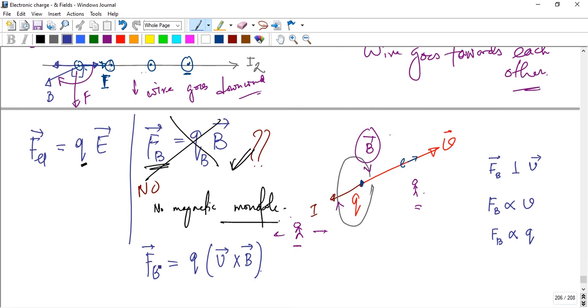Very important. Now we combine these two, the electrostatic force and the magnetic force.